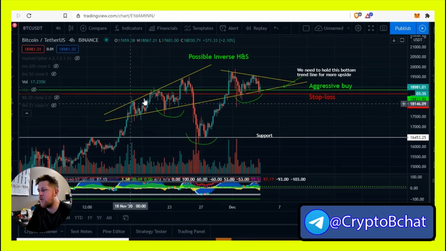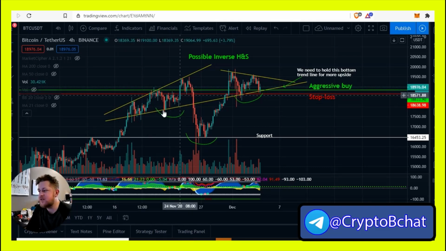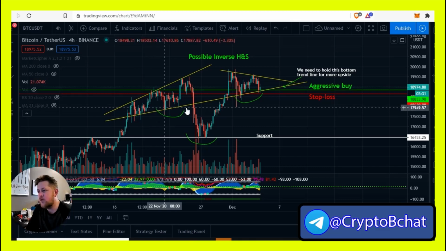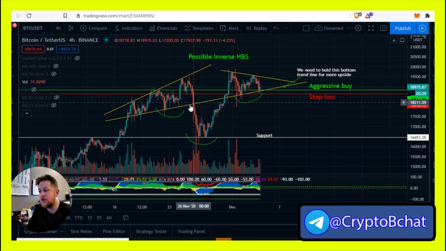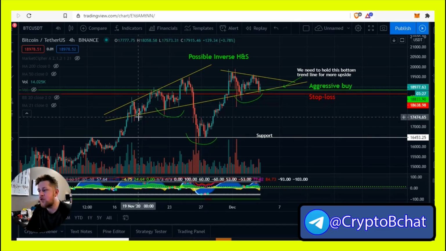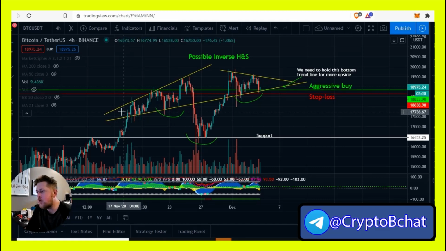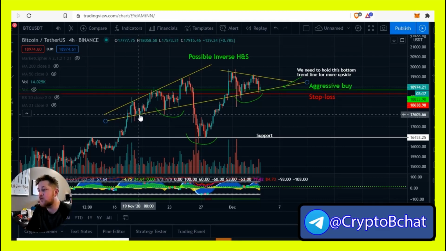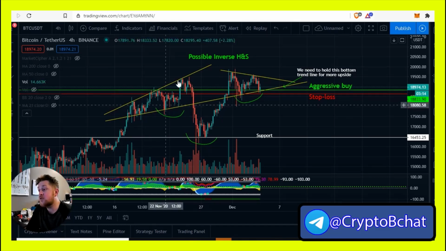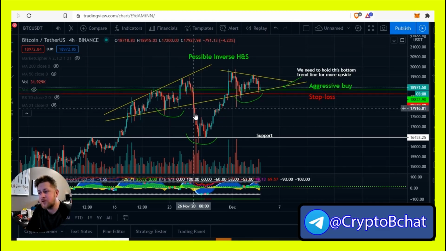Now these have 1, 2, 3 touches, makes it valid. 1, 2, 3, and your 4th touch breaks down through. So this is called an ascending broadening wedge, guys, and this is a bearish setup, right? Because the price action goes off higher lows and higher highs, making it ascending up if you follow the trend lines. And then of course it's bearish, it broke lower.